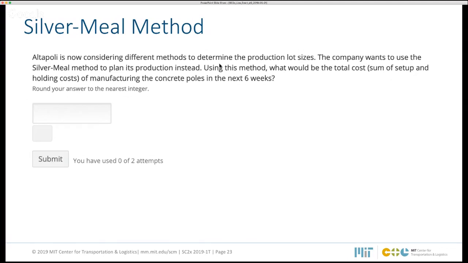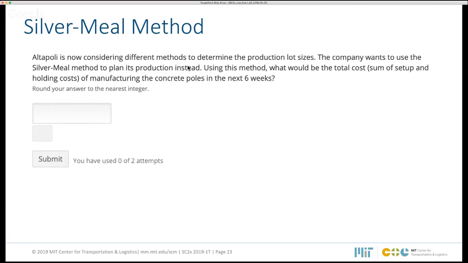Using this method, what would be the total cost to manufacture the concrete poles in the next 6 weeks? Again, like I said, I really like these types of questions in that they explicitly lay out what method to use and what are the things that we need to figure out. So in this case, we need to apply the Silver-Meal method.